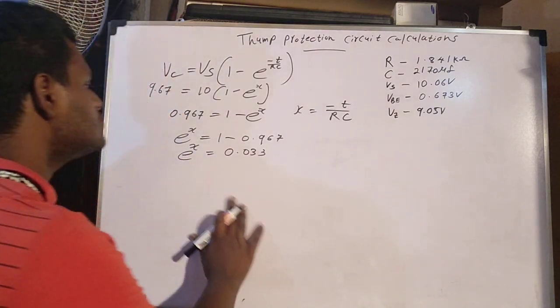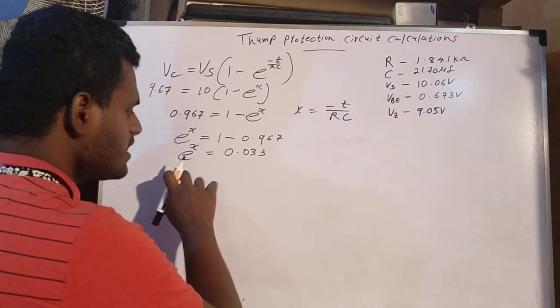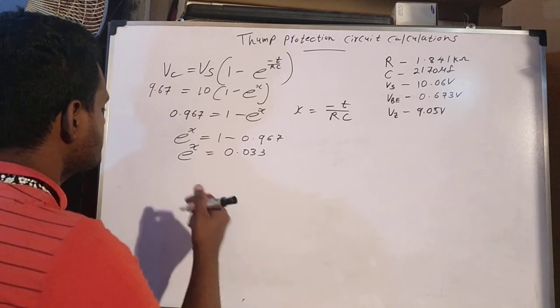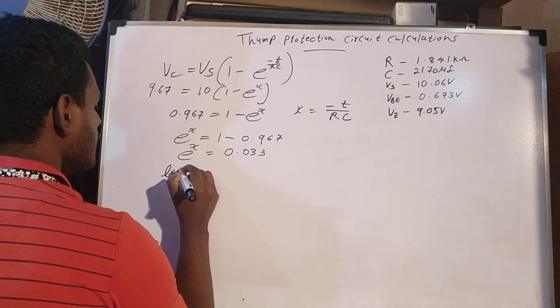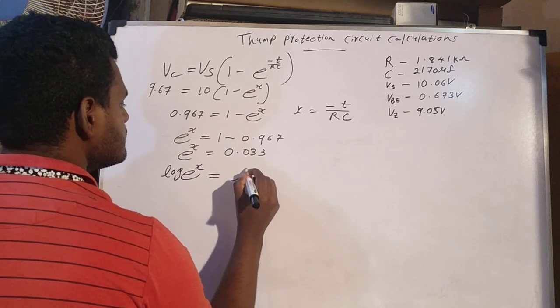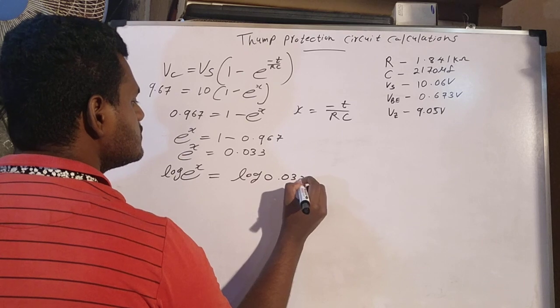So what I'm going to do, I apply logarithms to both sides of this equation. I apply log of e to the power x equals log 0.033.